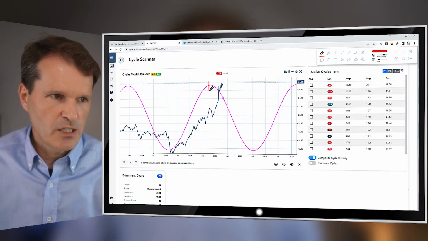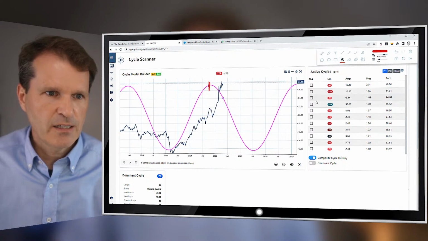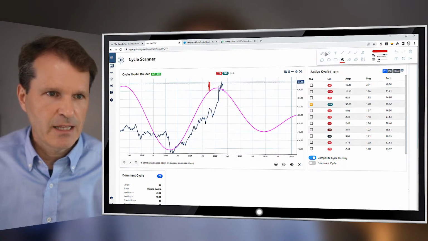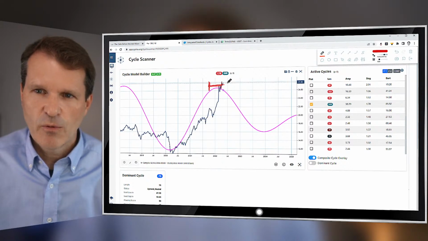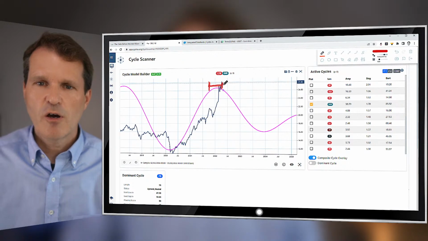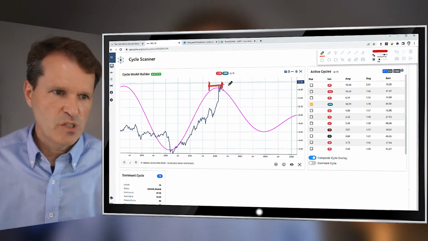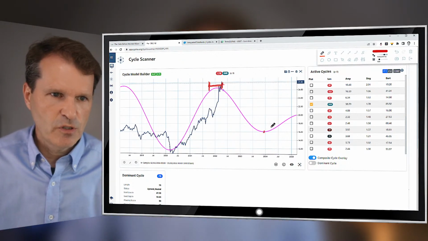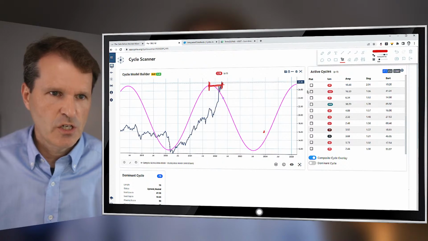So the first change might happen here if we just use the one cycle. If we add the cycle, then maybe it's here. That's the period in which we might expect a top with one cycle or using 2 cycles. Using 2 cycles and deactivating, for example, this cycle here, it changes to this point here.